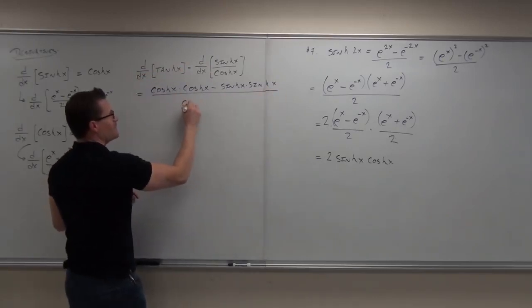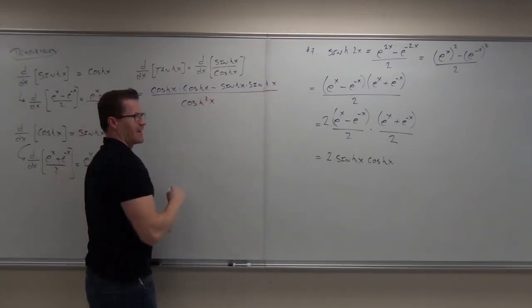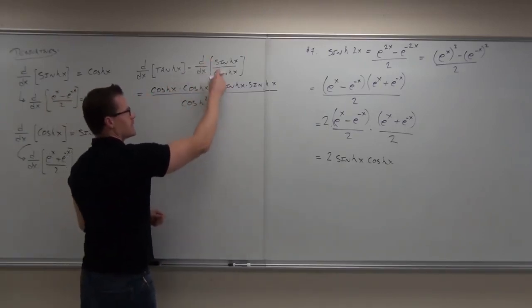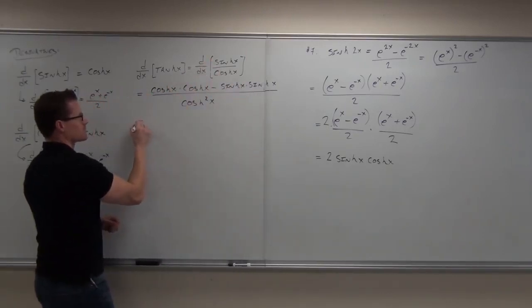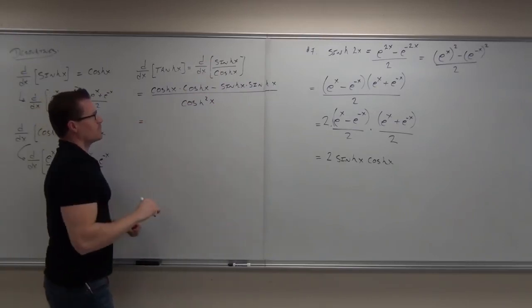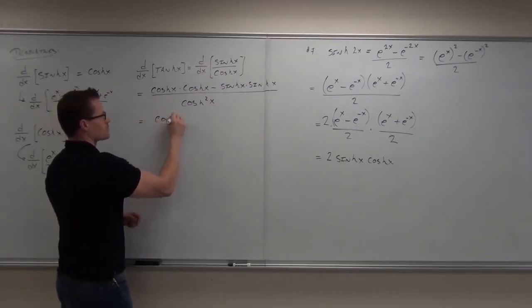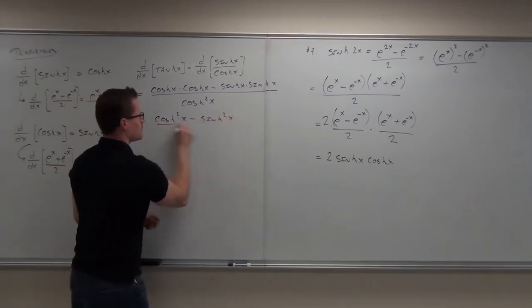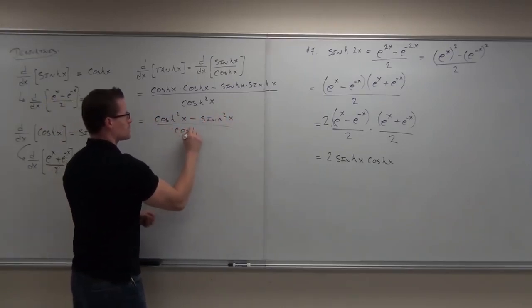Square the bottom, and away we go. So low d high minus high d low, square the bottom, and we're good to go. Oh, let's see. That's cosh squared x minus sinh squared x all over cosh squared x.